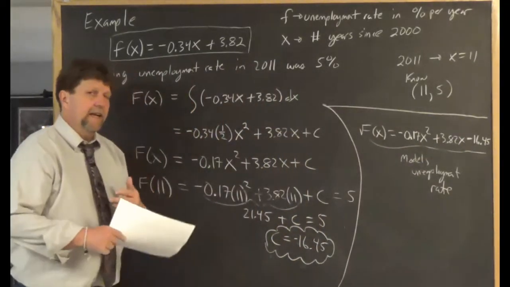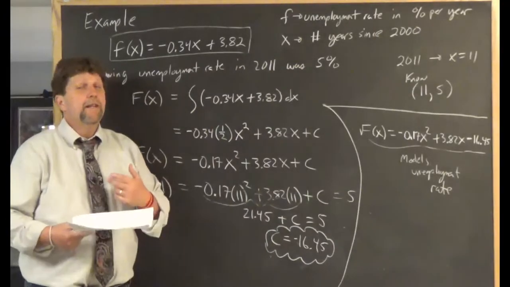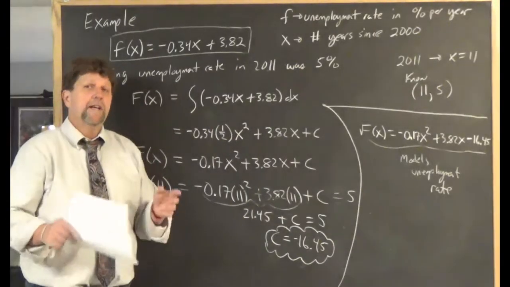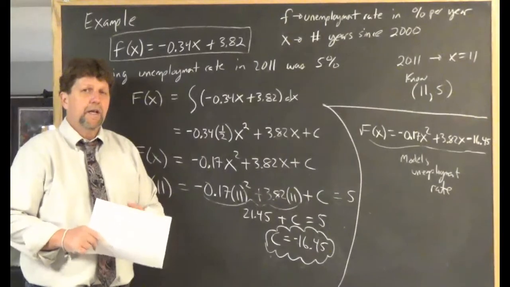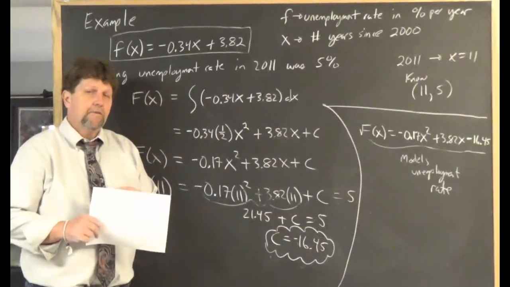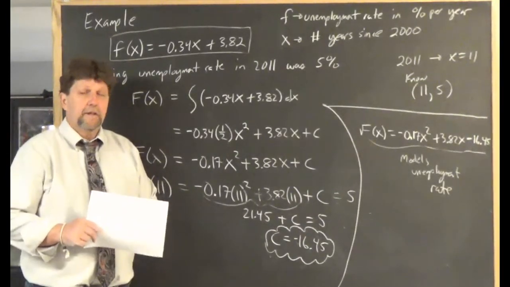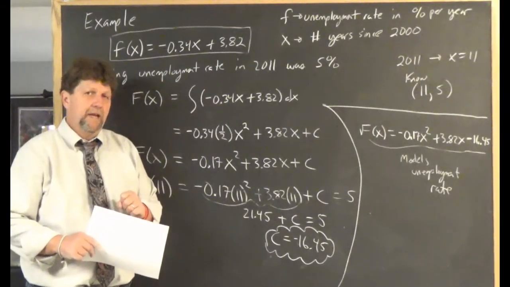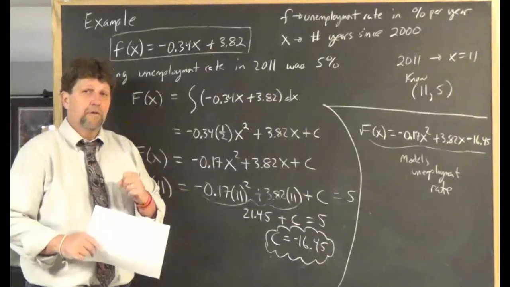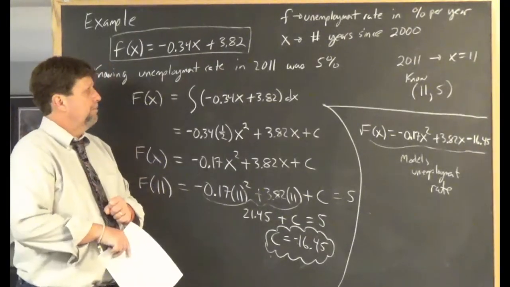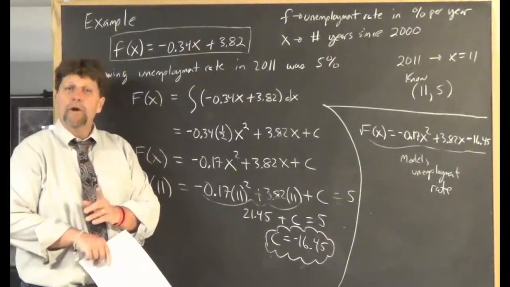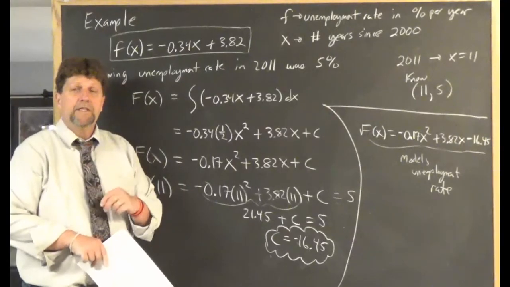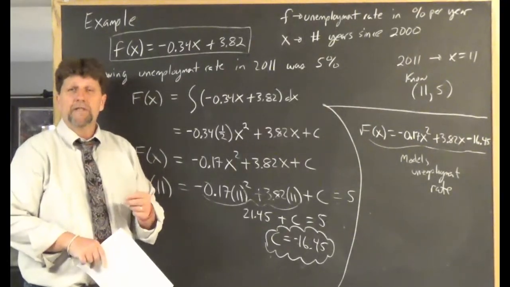So this is the beginnings of examples of why we're learning this undoing process, to recover a rate function. We're going to see through the rest of the course how powerful integration is in applications and what all it can do for us. But in this section I want to do one more example where we'll deal with a marginal business function.